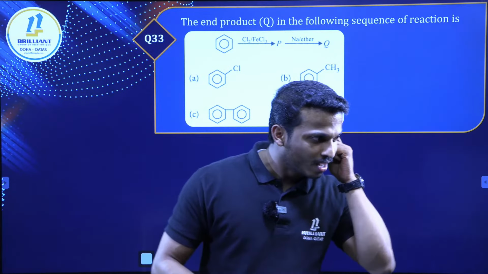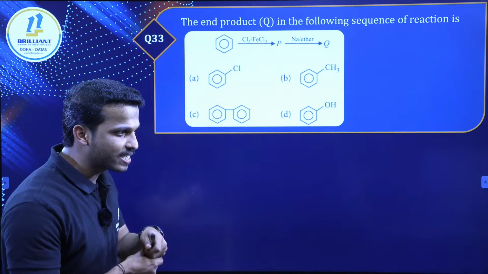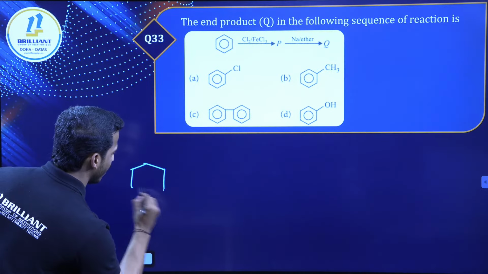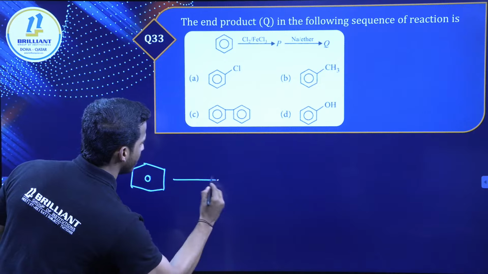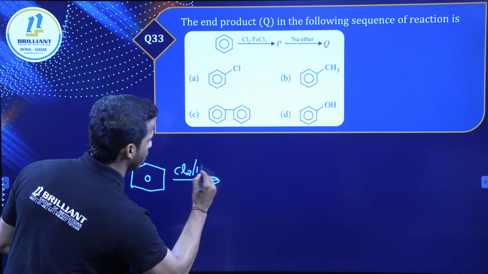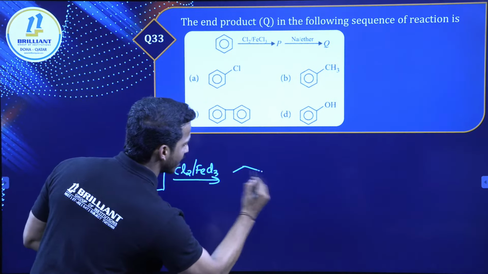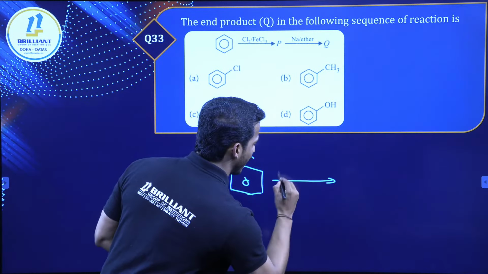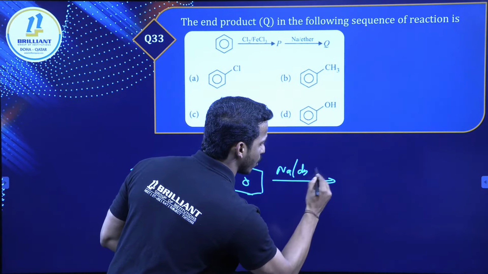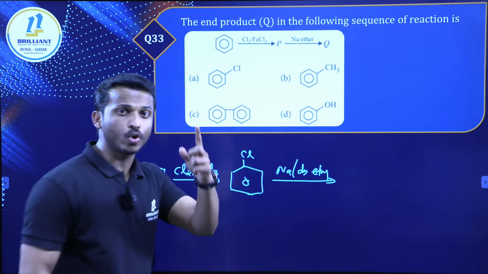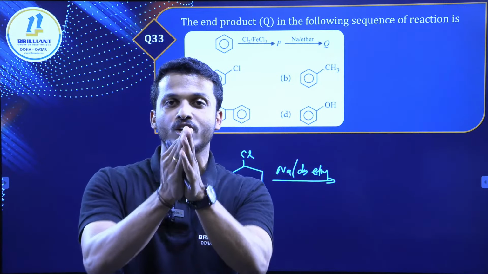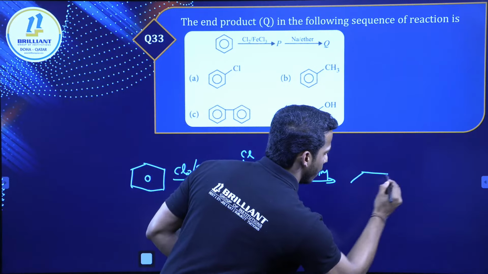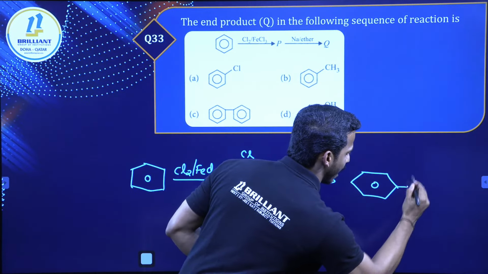Nitin, Abdul, Hiba, yes. Are you sure it's option C? Yes, dear all. Benzene when treated with Cl2 in presence of FeCl3 gives chlorobenzene. When chlorobenzene is treated with sodium in presence of dry ether, two chlorobenzene molecules fuse together and you will get biphenyl or diphenyl as a product.